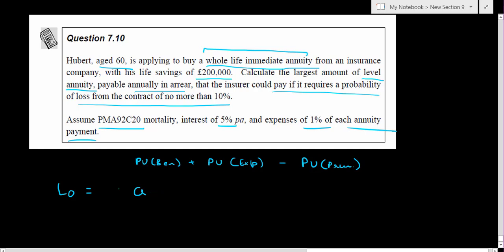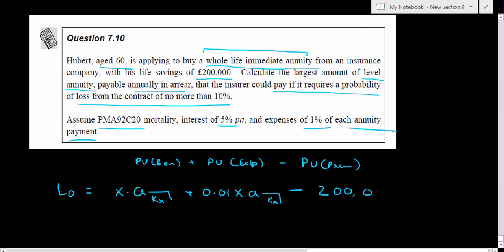The amount of benefit is not known. Let's call the benefit X, that's what they have used in your answer too. So this is X times a angle K_X, right? This is payable as long as this guy is alive. Plus the expense is 0.01 X, right? It's 1% of the amount times a angle K_X again. And the PV of premium is given directly.